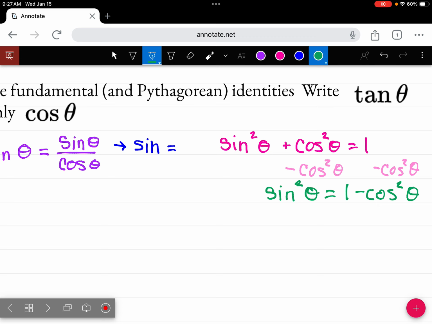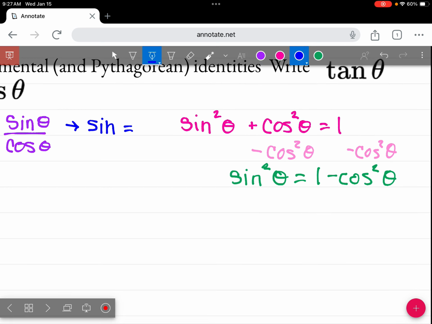But I don't want sine squared, I want sine. Square root both sides. If I unsquare sine, that's going to give me sine of theta. But whatever I do to the left side, I do to the right. It's a mess, but it's what they're looking for.